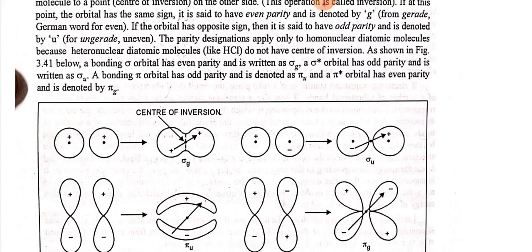The parity designations apply only to homonuclear diatomic molecules, because heteronuclear diatomic molecules like HCl do not have a center of inversion. As shown in the figure, the bonding pi orbitals have odd parity and are denoted pi u, and pi star orbitals have a parity denoted by pi g.